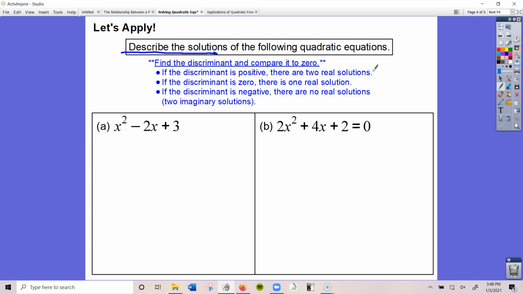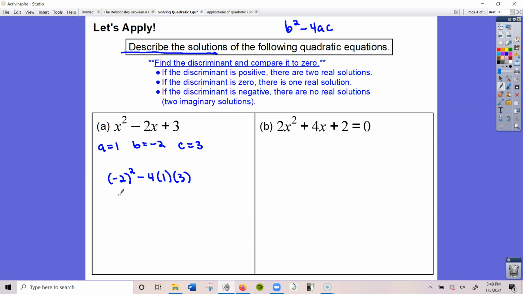So the discriminant, as a reminder, I'm going to write it up here, is b squared minus 4ac. So in this example, a is equal to 1, b is equal to -2, and c is equal to 3. I'm going to go ahead and plug it into the discriminant. So b squared, -2 squared, minus 4 times a times c.